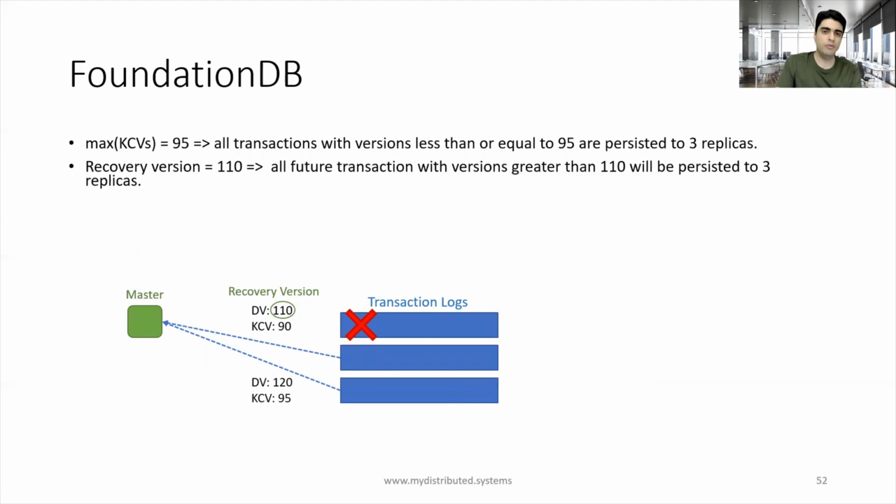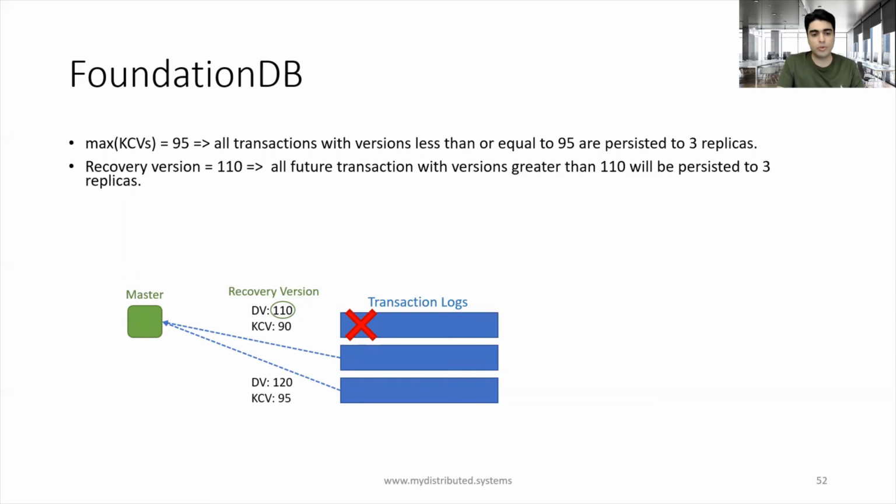Okay, so less than or equal to 95 we have 3 replicas. Larger than 110 we also have 3 replicas. But in the range between 95 and 110, we don't know if we have enough replicas for those transactions that are in this interval.